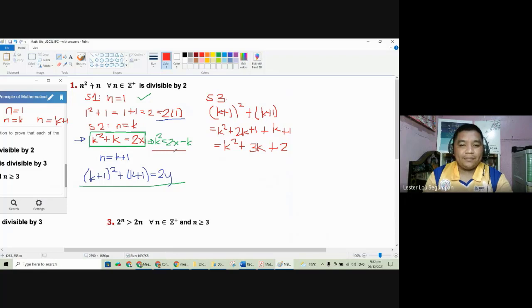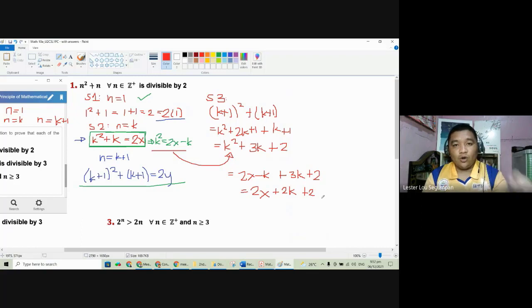We can simply substitute it here so that later on we could only have k but no more k squared. So to continue, k squared is actually 2x minus k, plus 3k, plus 2. Further, you will have 2x, that's negative k plus 3k is positive 2k, and plus 2.